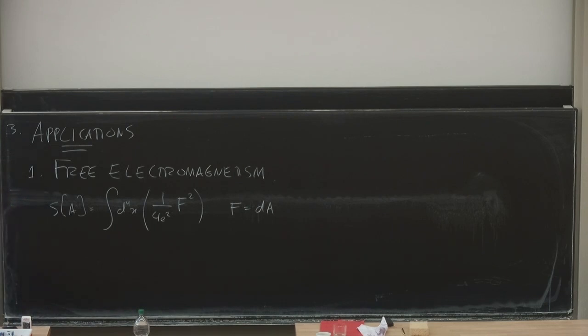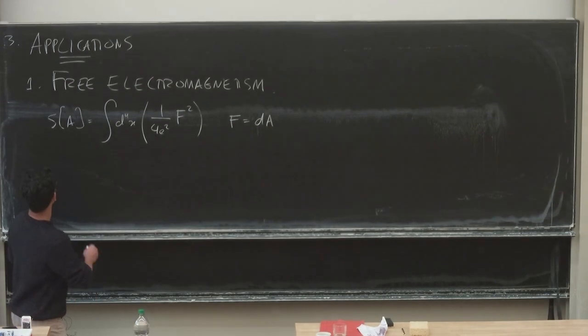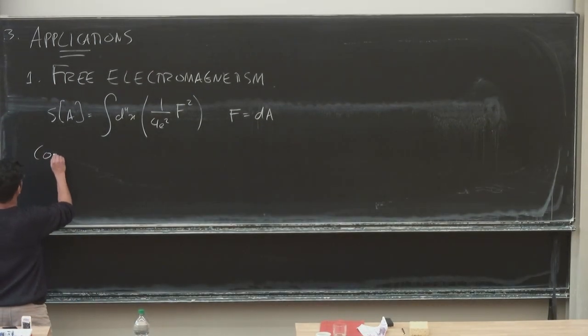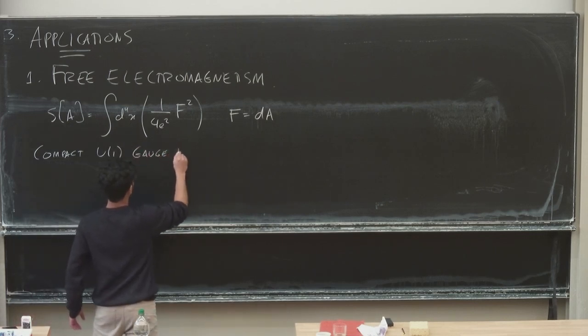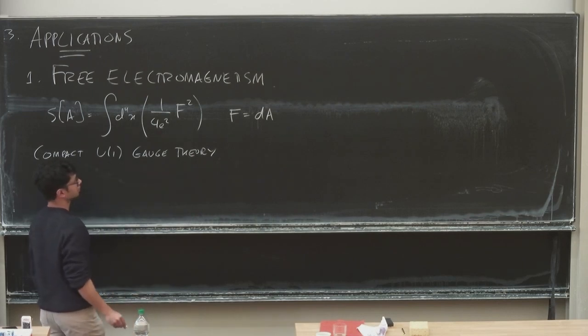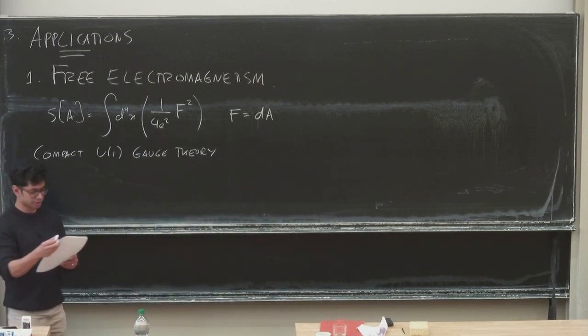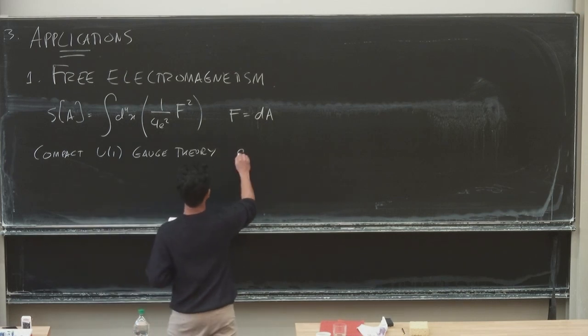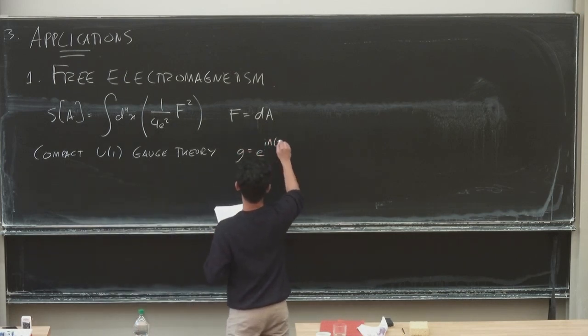So in particular, I'm telling you now that the gauge group is U(1). So this is compact U(1) gauge theory.